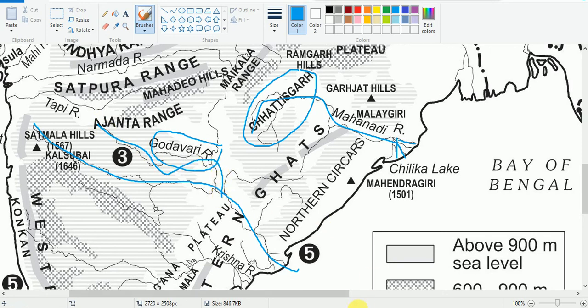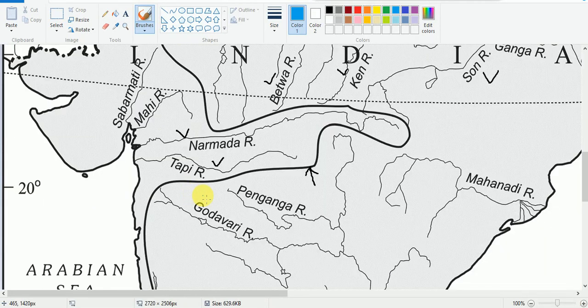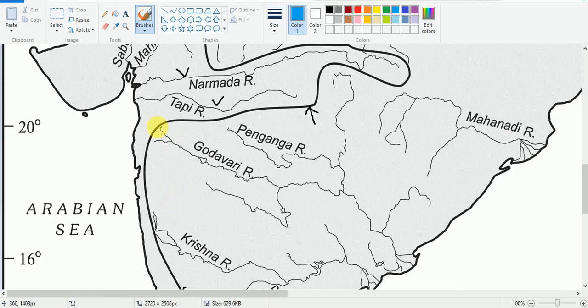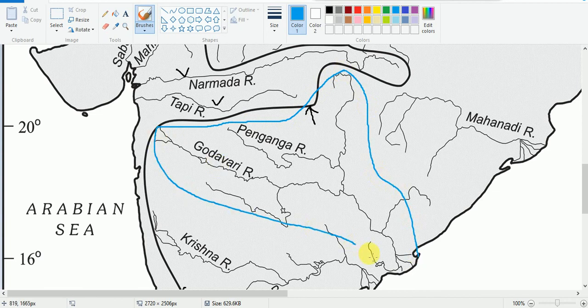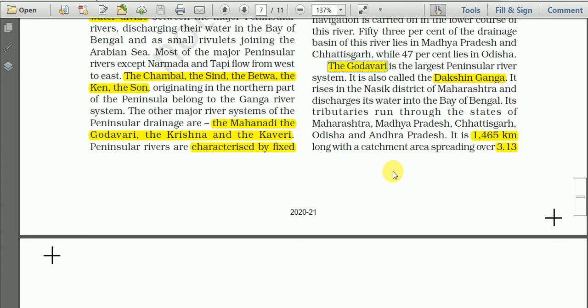And you may see another map also. See here, this is the entire drainage basin of the Godavari River, and its tributaries run through the states of Maharashtra, then Madhya Pradesh, Chhattisgarh, Orissa, then Andhra Pradesh.